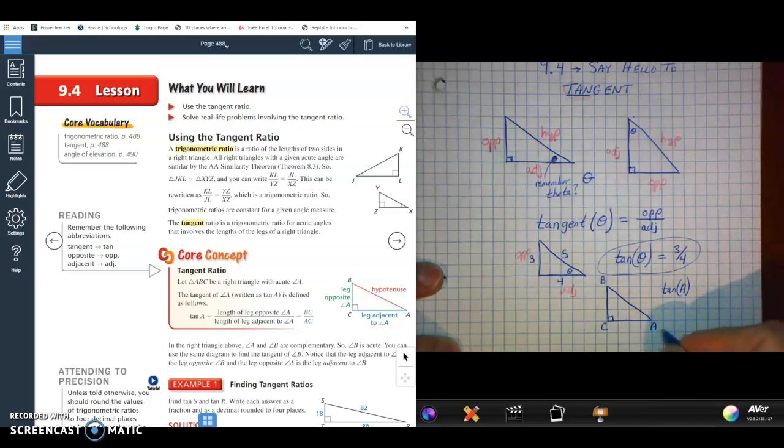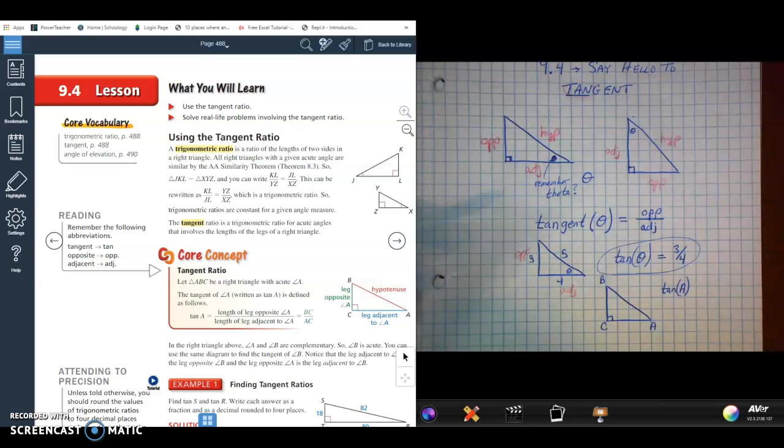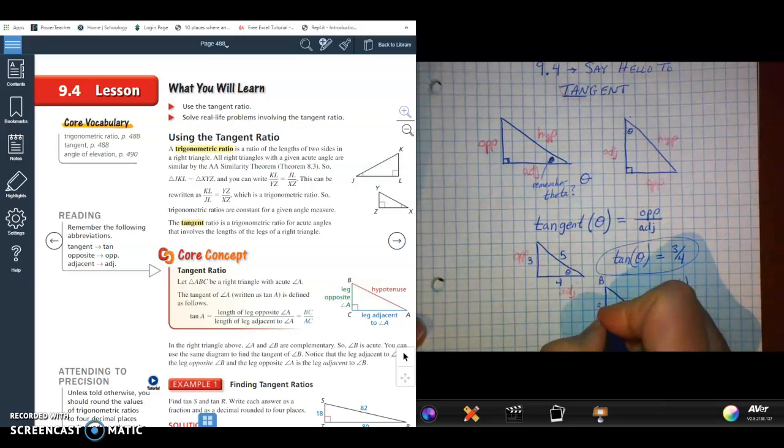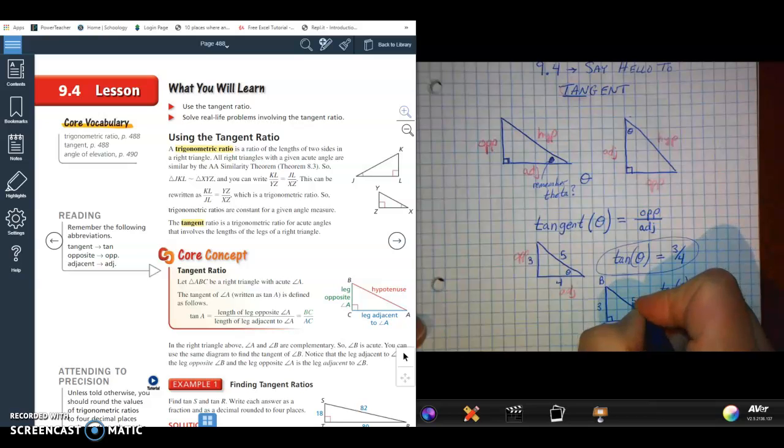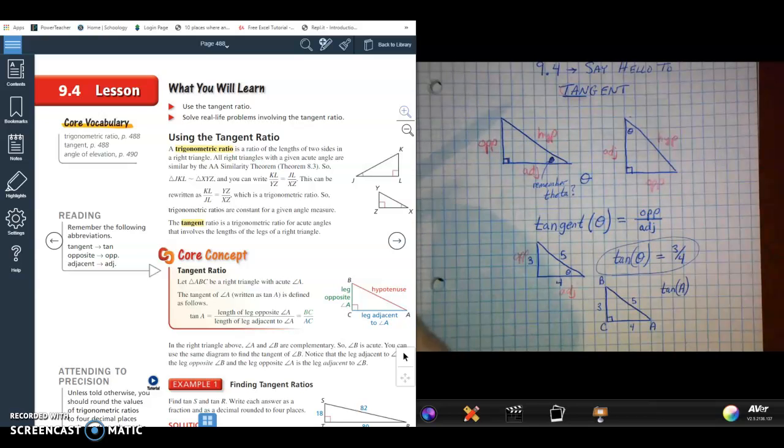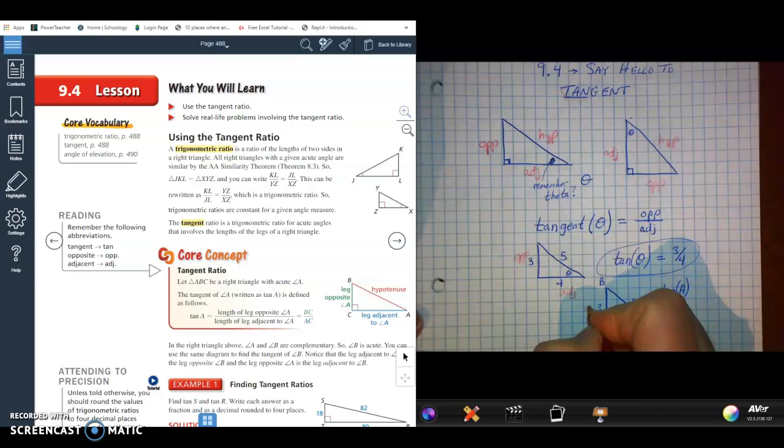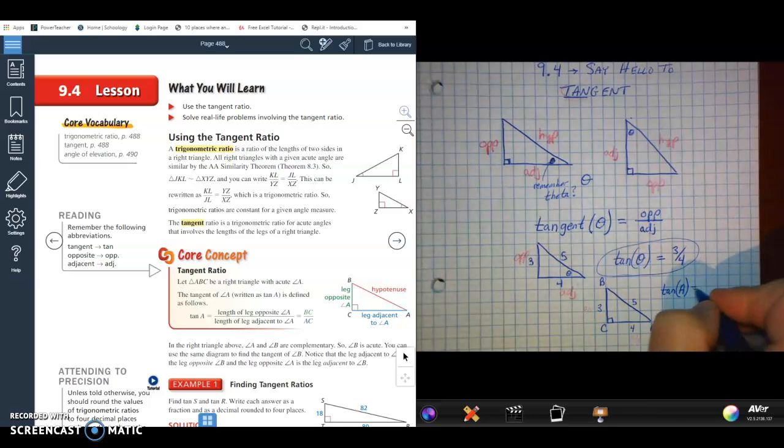Referencing corner A, well, it's really referencing the angle, but we just say the letter at the vertex. Again, I made the same 3, 4, 5 triangle, labeled with the numbers. Tangent of A: there's my opposite, there's my adjacent.